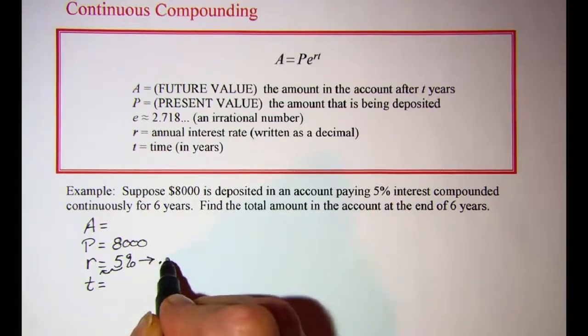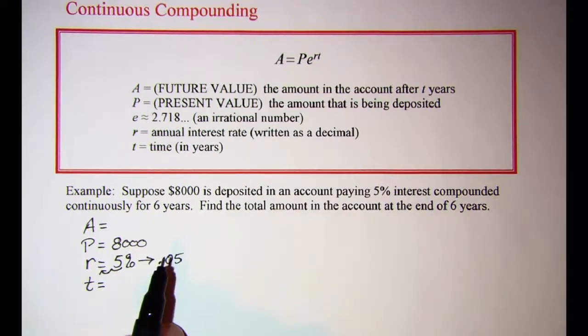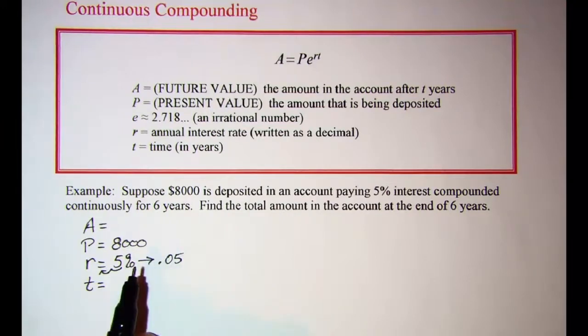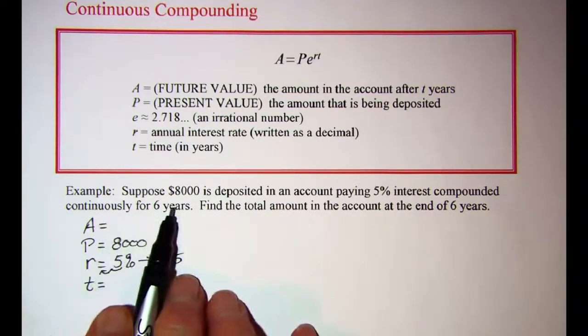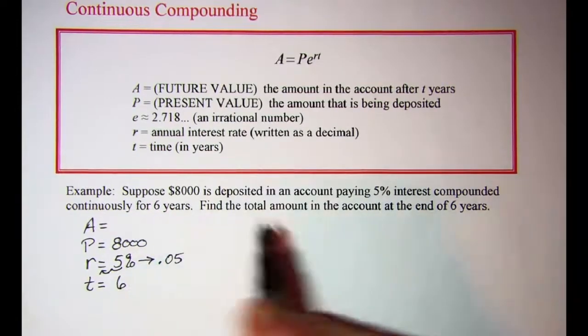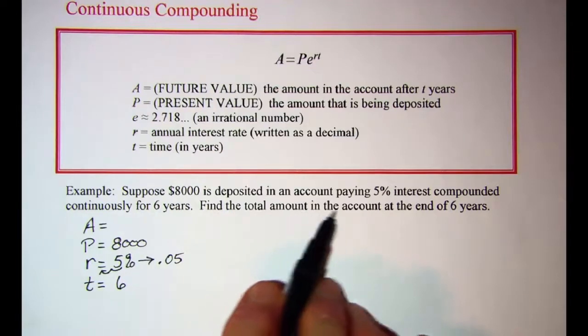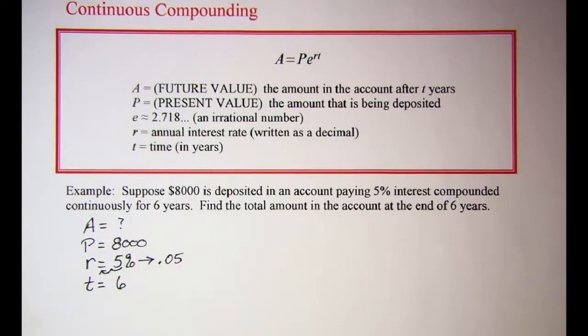So we'll have 0.05 as our decimal for the r value. Interest compounded continuously for 6 years. Time is 6. And we want to find the total amount in the account at the end of 6 years. So this A value is what we're looking for.